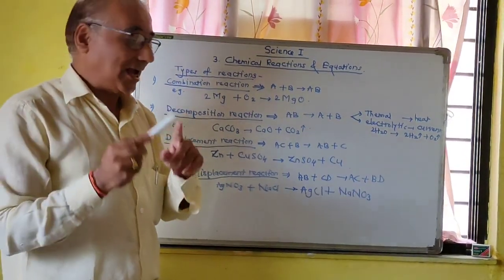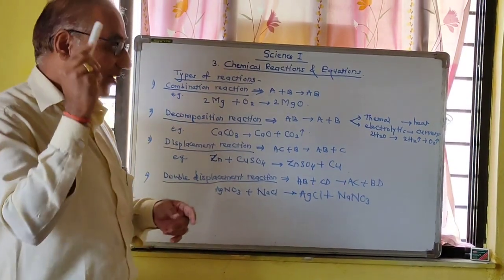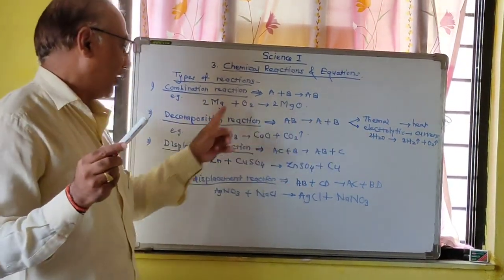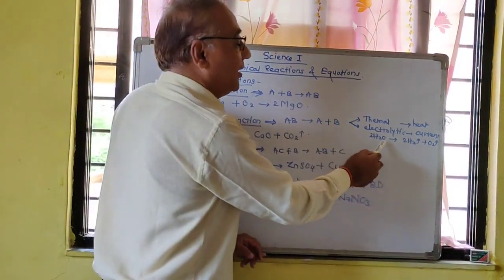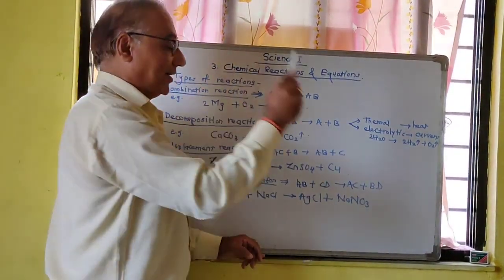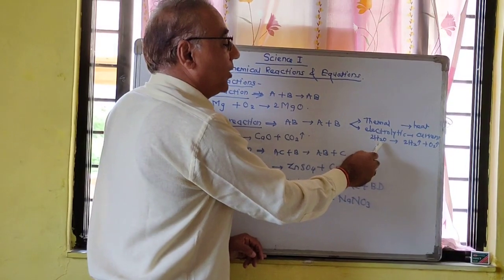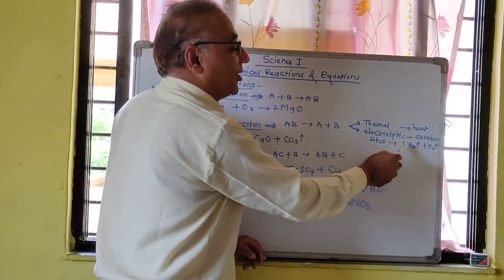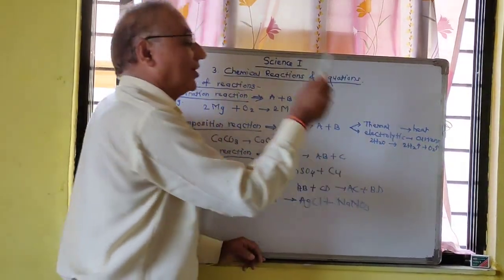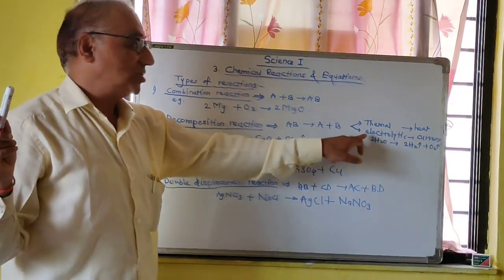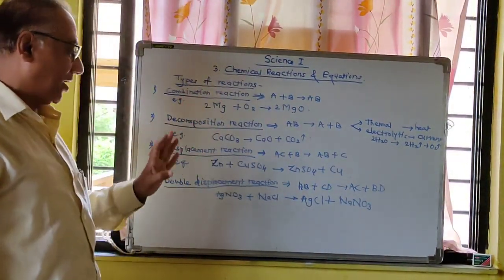Now in 6th and 7th standard, we have already learned about the electrolytic decomposition reaction of water, right? Electrolysis of water, that is the concept. Here 2H2O, that is water, is converted into hydrogen gas and oxygen gas when electric current is provided. So this is called electrolytic decomposition.